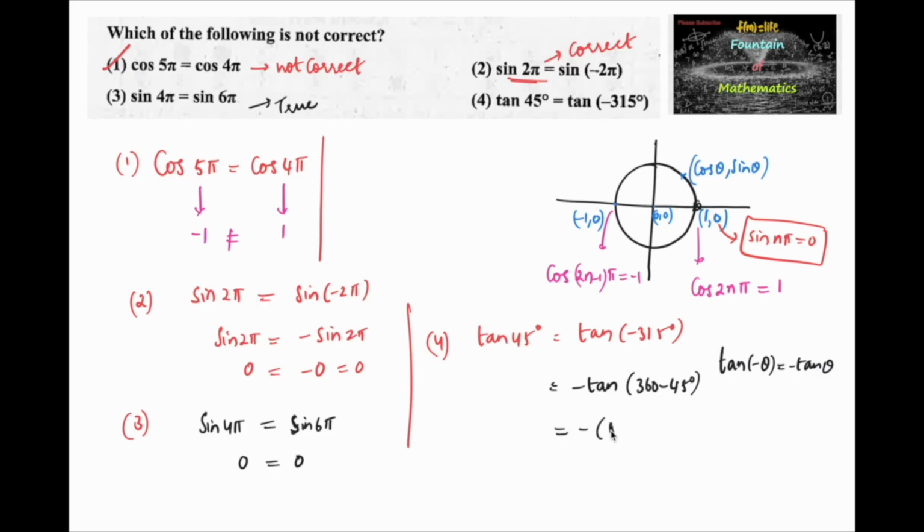So minus of minus tan 45 degrees, which is equal to tan 45 degrees. So tan 45, both are the same here, that is 1 is equal to 1. This is also correct. So which is not correct is only the first option. So we can go with that.